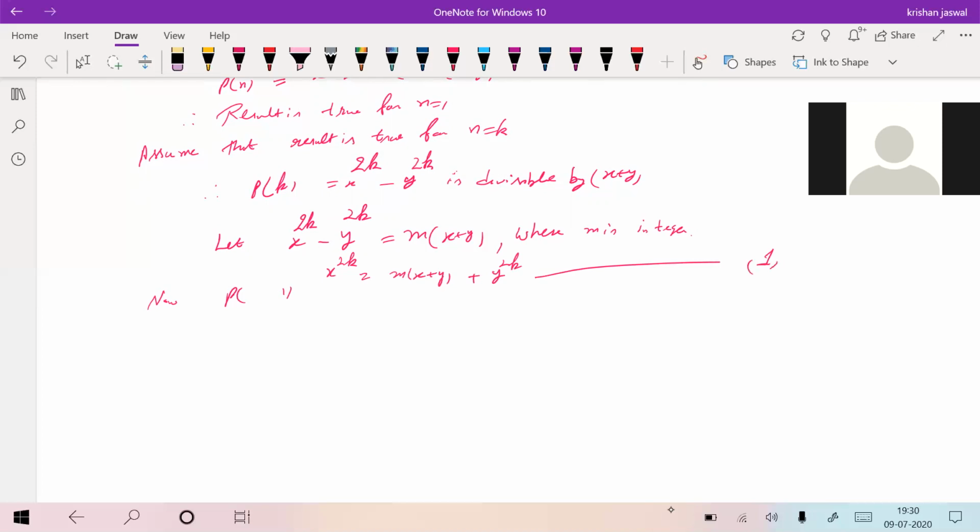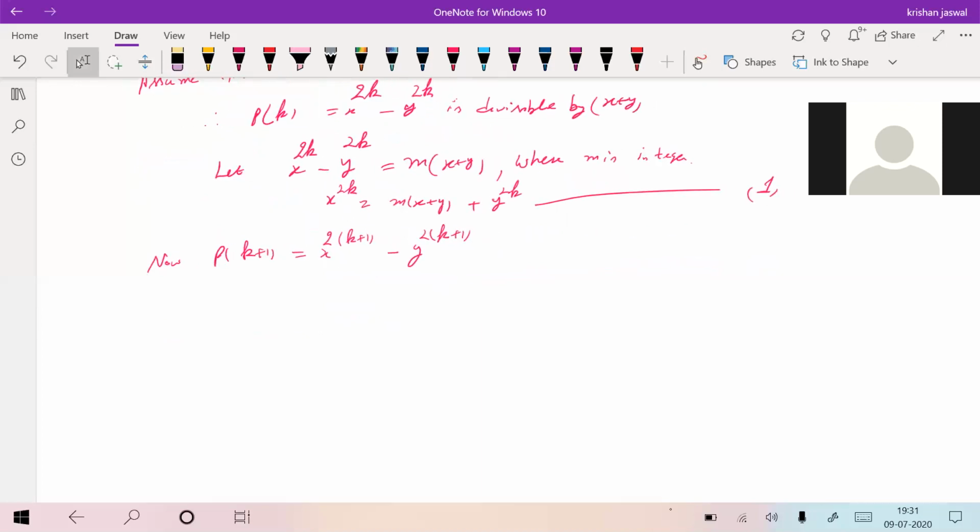Now Pk plus 1 is equal to x power 2 into k plus 1 minus y power 2 into k plus 1. Now we will again show that x plus y is a factor of this calculation, or the question's answer.